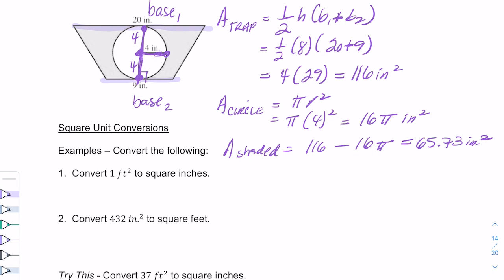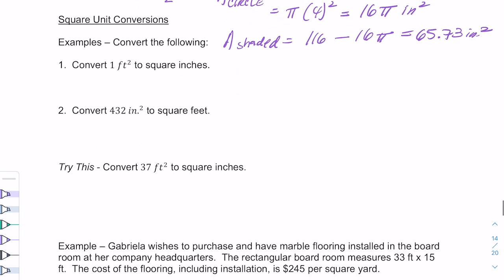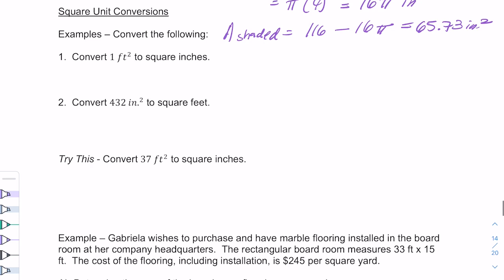Now, one of the final things that we're going to talk about is square unit conversion. Sometimes we need to convert different labels, feet to inches, inches to feet, and so on. So in this problem, we're asked to convert 1 square foot to square inches. What you need to remember is that there are 12 inches in 1 foot.